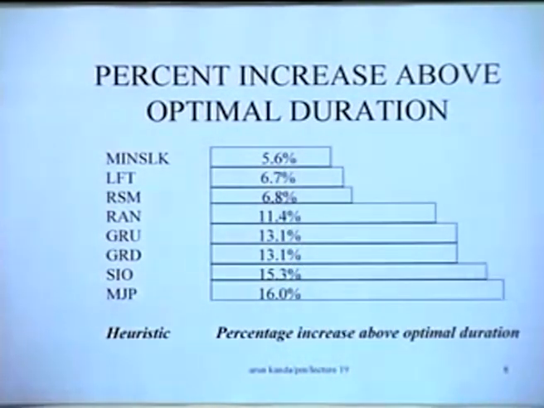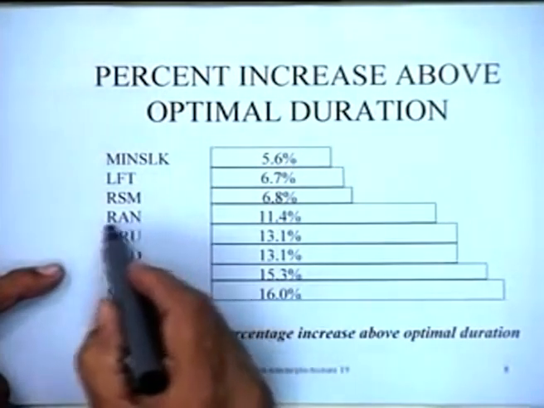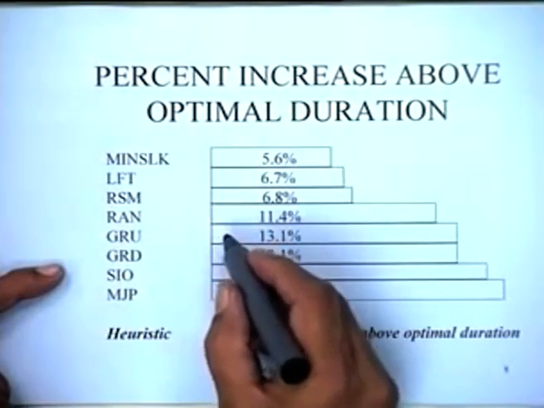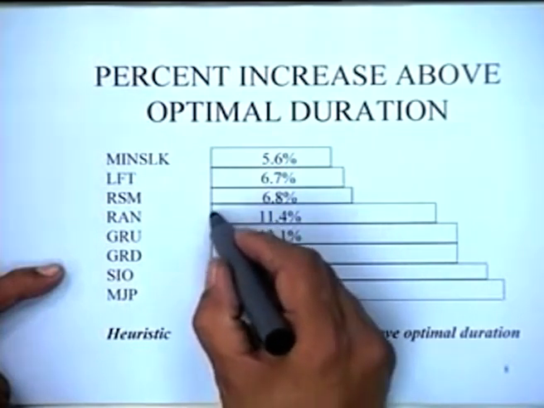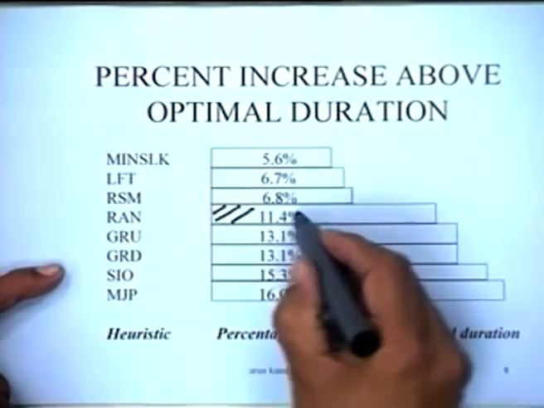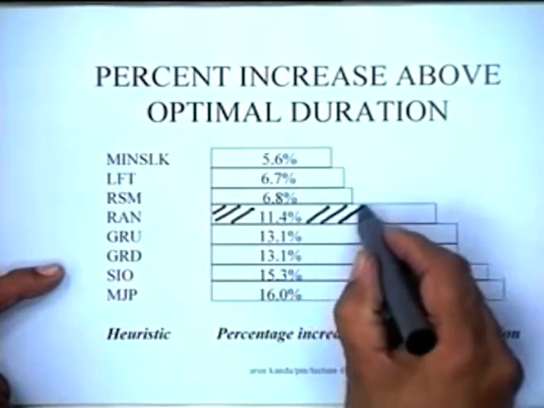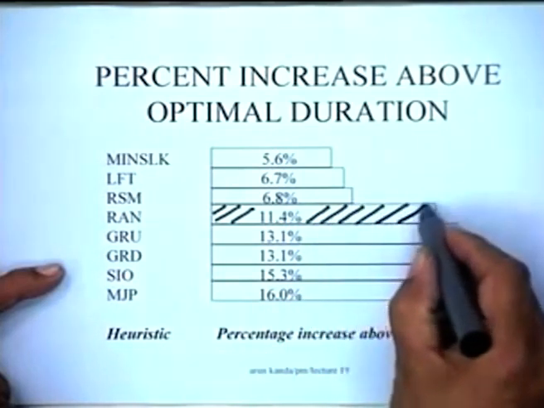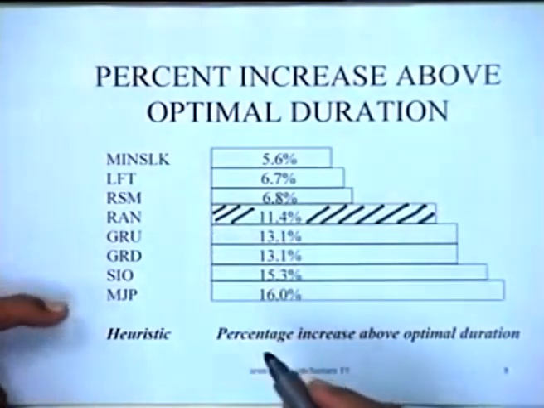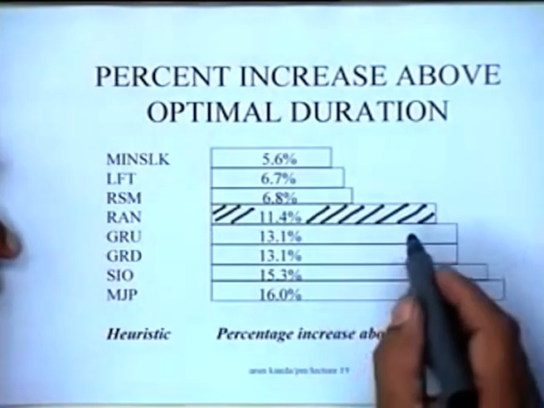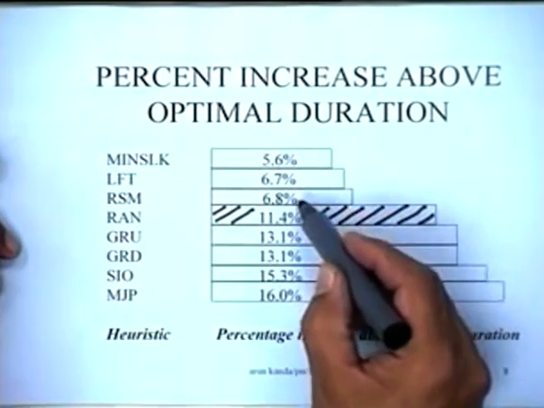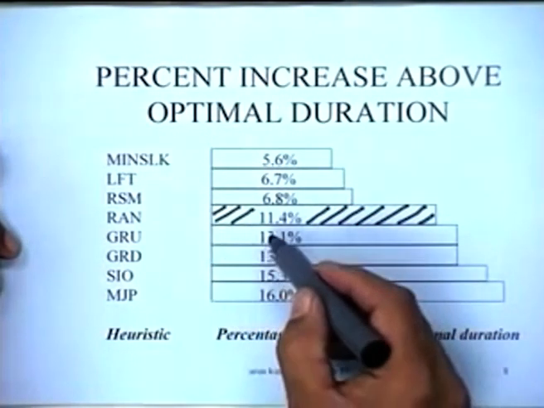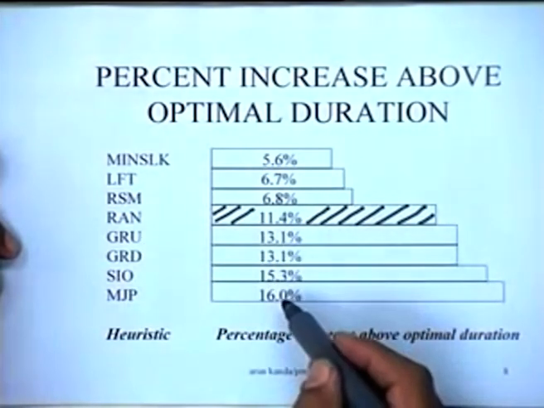What you can see from this graph is that the random rule gave a percentage increase above the optimal duration of about 11.4%. So this was the kind of performance of the random rule, and all these rules have been arranged in this fashion. As a general indicator, you can see that these are the 3 rules which are better than random, and these are the 4 rules which are worse than random.